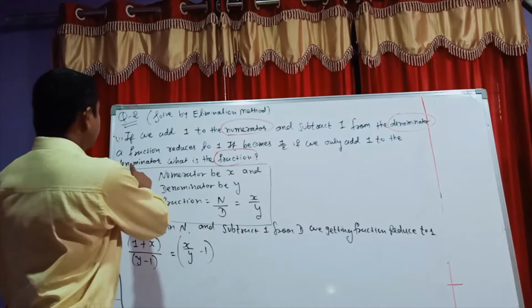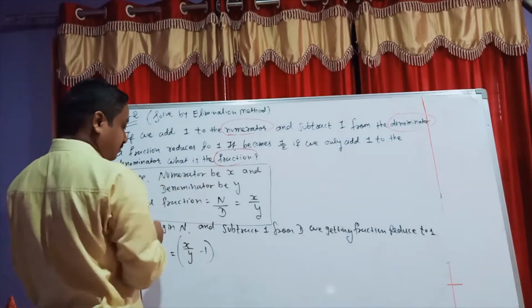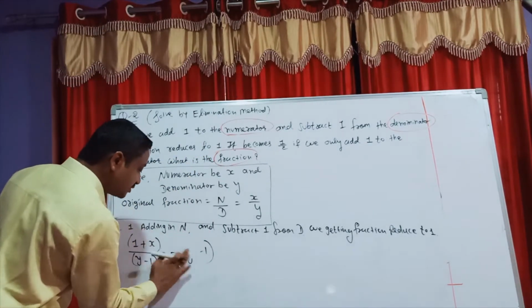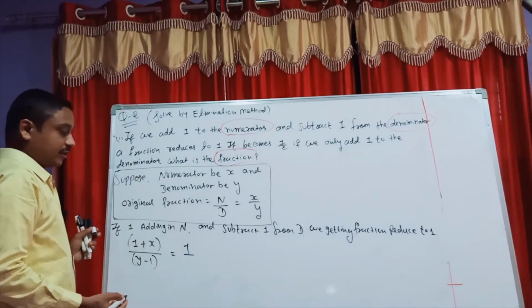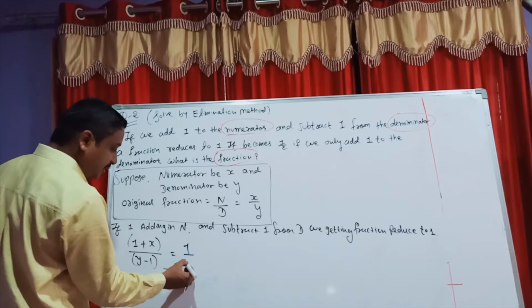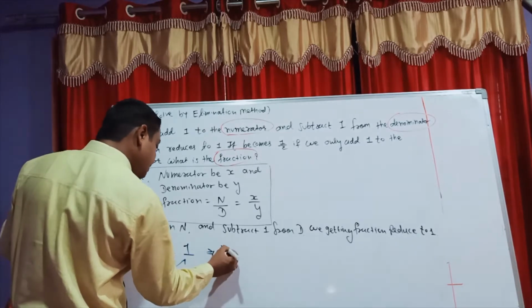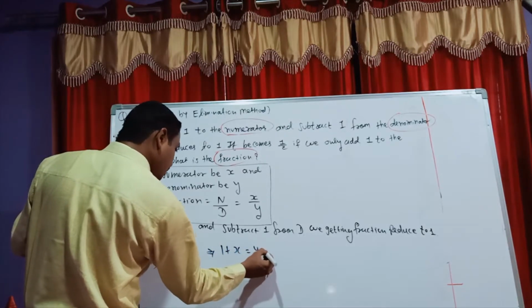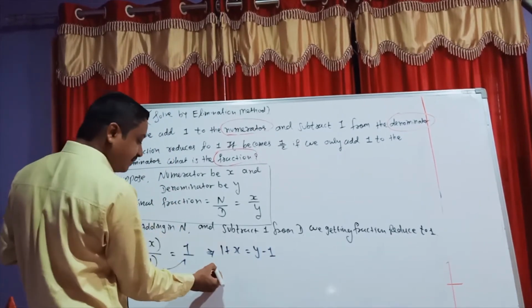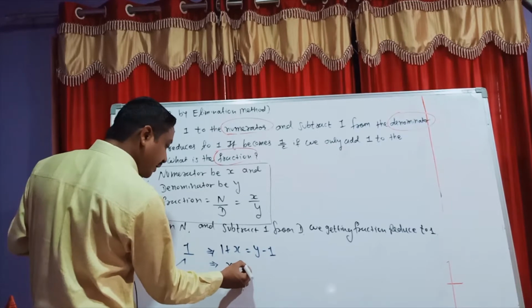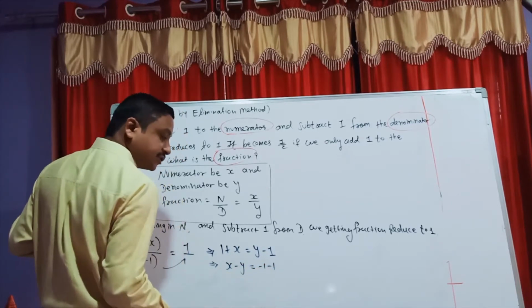Yes, students, here it is given that the fraction reduces to 1, so here we don't write x by y minus 1, we only write the value 1. So what is the multiplication? It gives 1 plus x is equal to y minus 1. So taking y to the left side and 1 to the right side, x minus y is equal to minus 1 and minus 1.